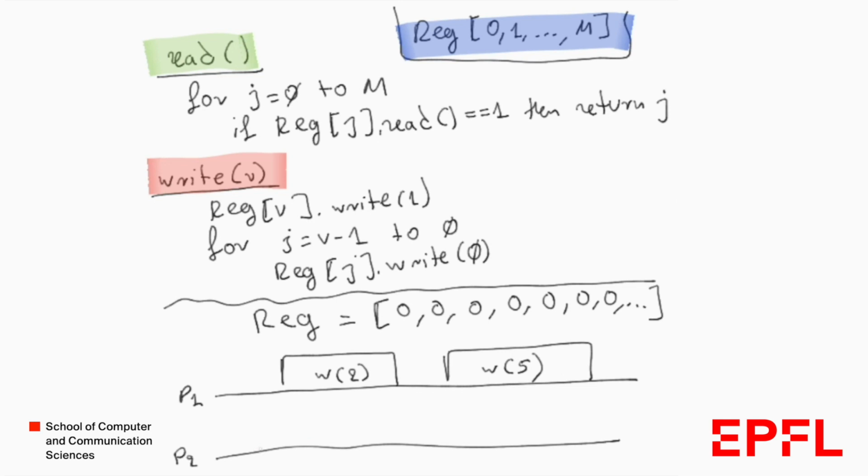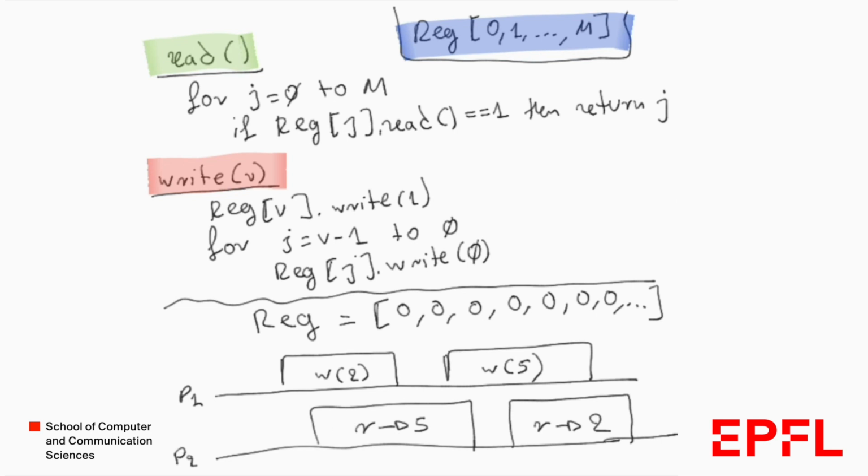At the same time, process P2 performs a read that is concurrent with both writes of process P1 and gets back 5, while then it performs another read that returns back 2. Now, as you can see in this execution, atomicity is violated.